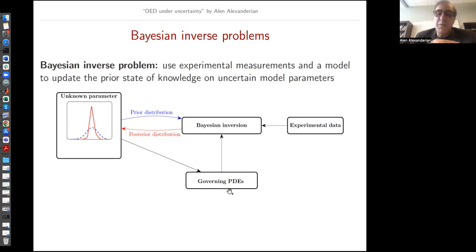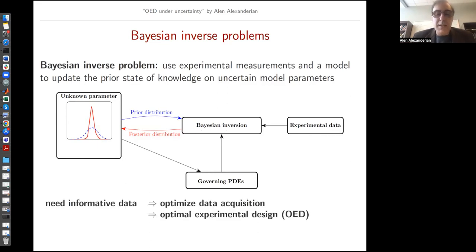We combine measurement data and governing PDEs in these PDE-based inverse problems, and then get the posterior distribution. Hopefully, we have a reasonable point estimate, like the MAP point, and also reduce uncertainty, so we can make more informed predictions with quantified uncertainties.